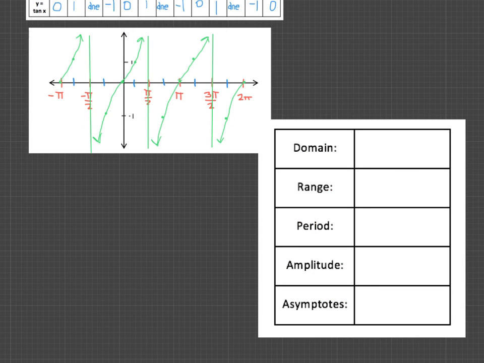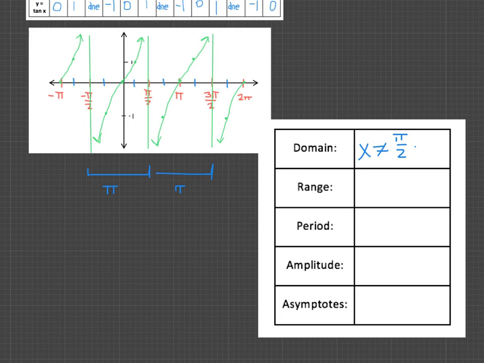Looking at characteristics of the tangent function graph, the domain is going to exclude those values of x where we have asymptotes. So we are going to exclude x equal to pi over 2, and then again the length between where the asymptotes are is pi.